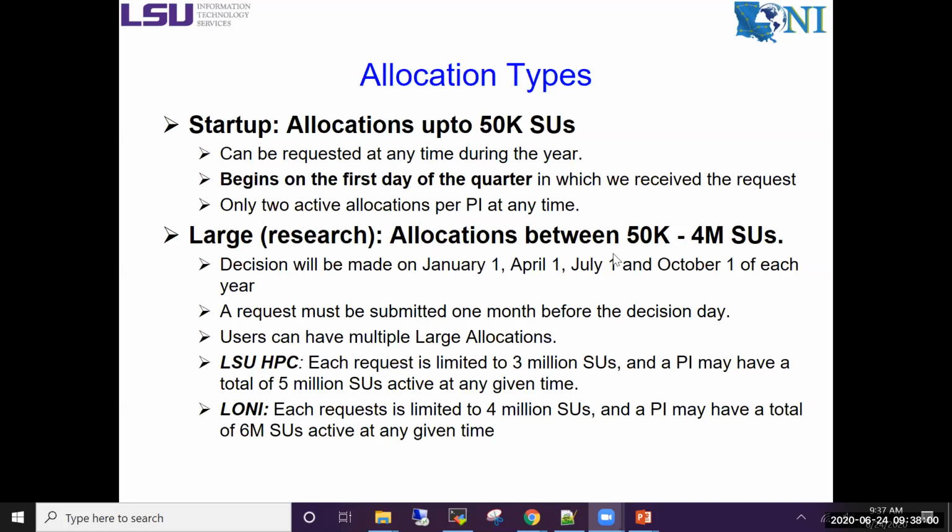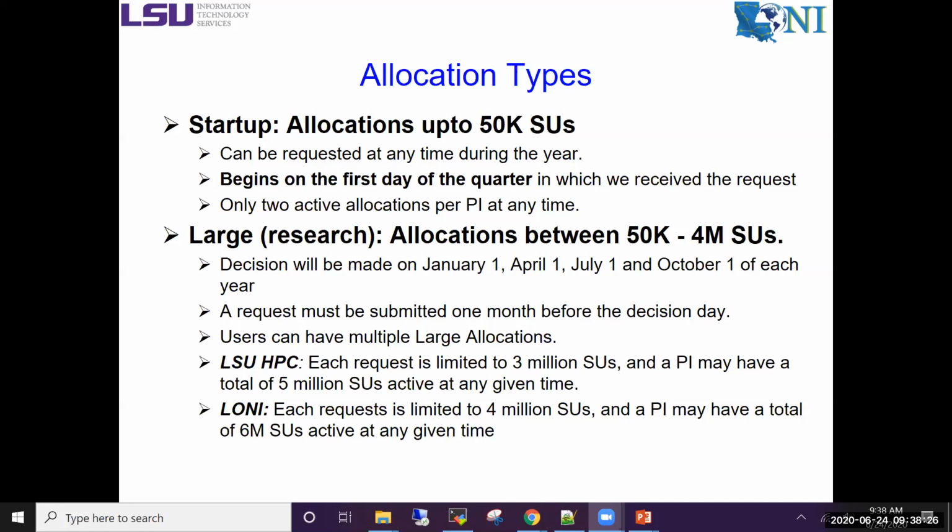They will be good for a year, but the start date might be different. The decisions on these research allocations will be made on January, April, July, and October 1st of each year. The request must be submitted 1 month before the decision date, and your PI can have multiple large allocations.